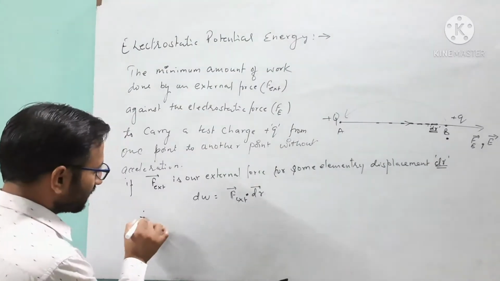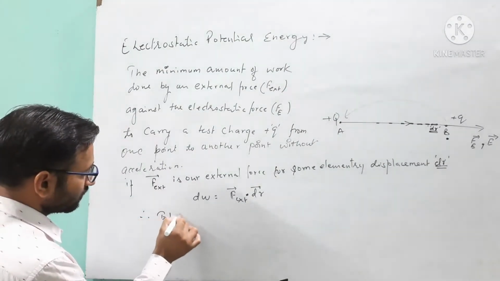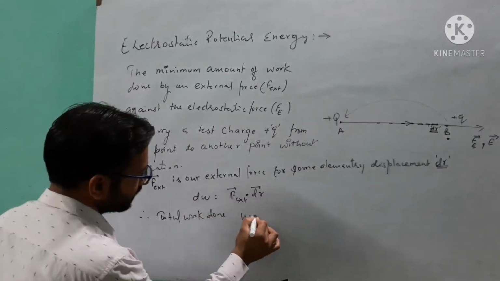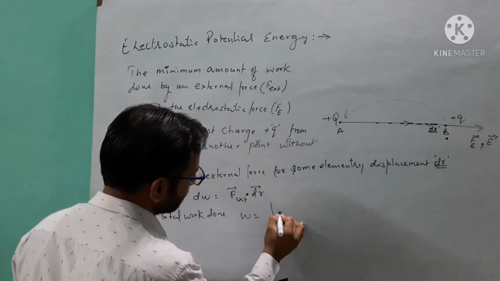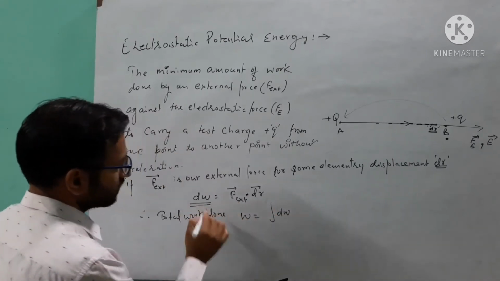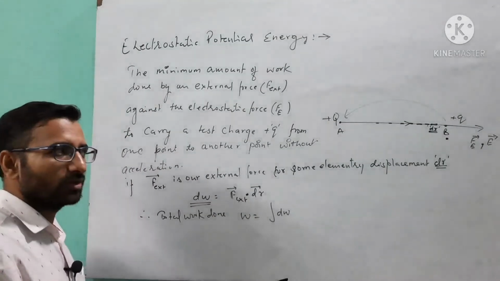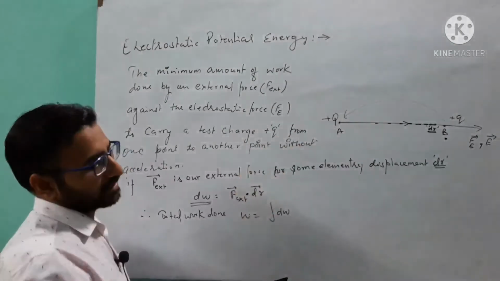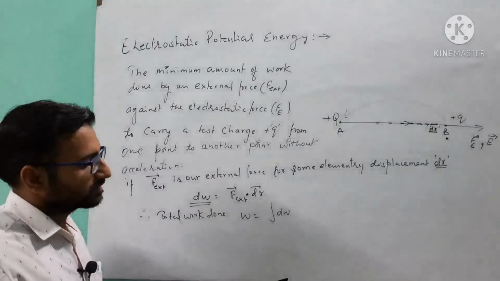If we think about the total work done, W is equal to the integration of dW, the sum of all the small amounts of work for such small elementary distances.